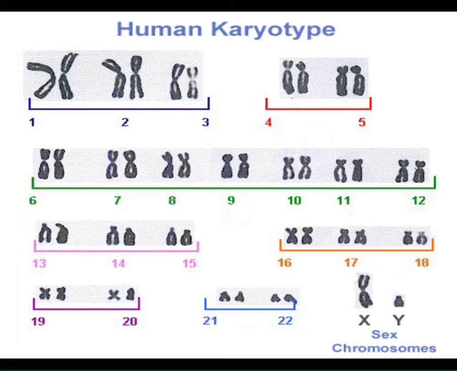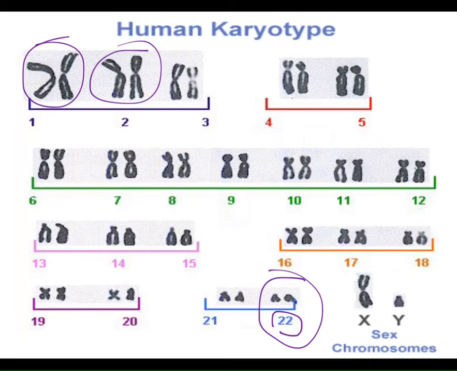And what you can see on this is that there are pairs of chromosomes, and they're ordered from 1 down to 22, and the number 1 chromosome is the biggest chromosome, number 2 is a little bit smaller, all the way down to the smallest 22, and those are, quote, your autosomal chromosomes, your body chromosomes, and then there are the sex chromosomes, sort of their own little set, and here we see an unmatched pair. The X is quite large, the Y is quite small, and because we see the X and the Y, this would be the karyotype of a male. Okay, if it were a female, you would see a matching pair of X chromosomes.